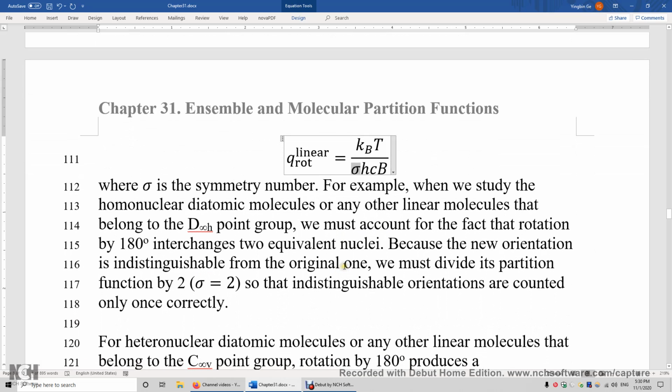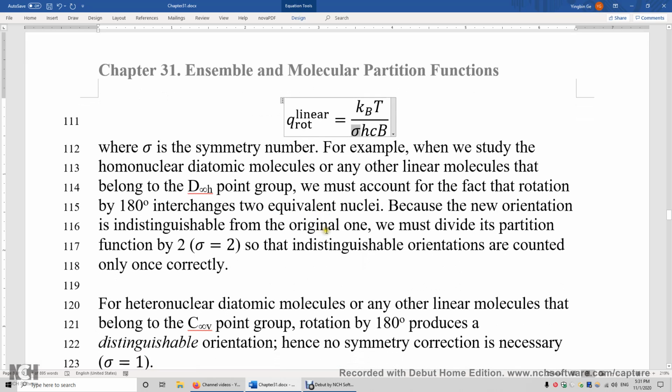For example, when we study the homonuclear diatomic molecule or any other linear molecules that belong to the D infinity h point group, we must account for the fact that a rotation by 180 degrees interchanges two equivalent nuclei of this homonuclear diatomic molecule, because the new orientation is indistinguishable from the original one.